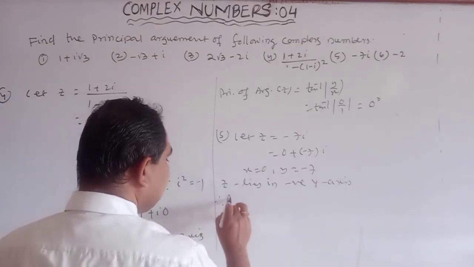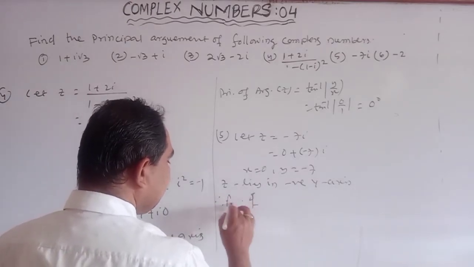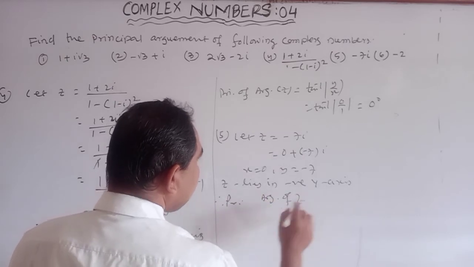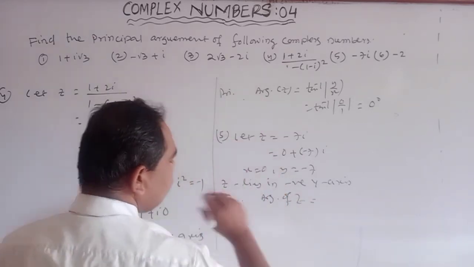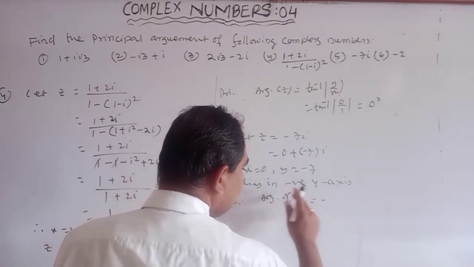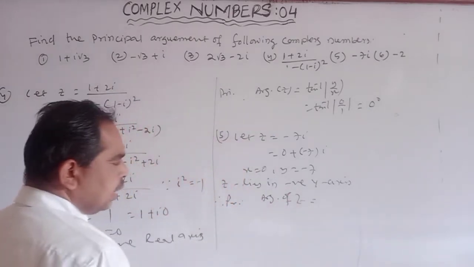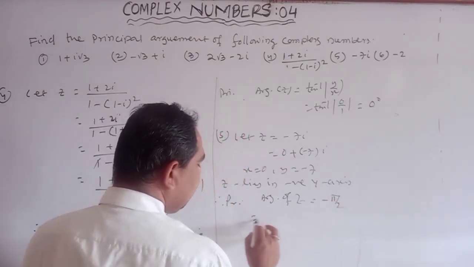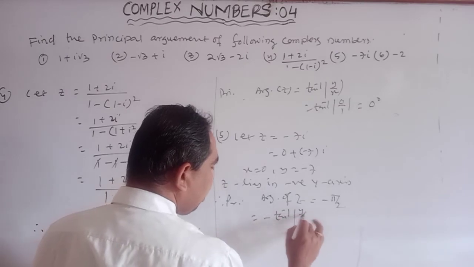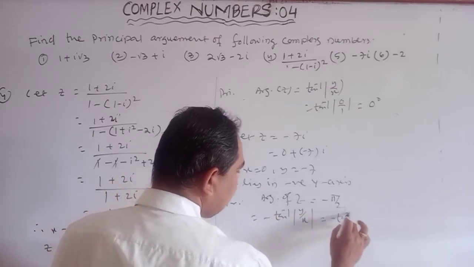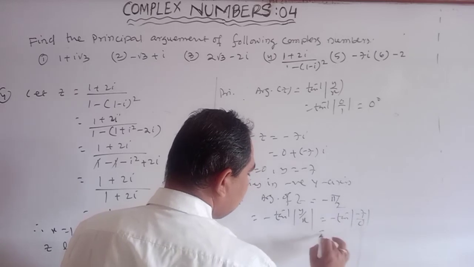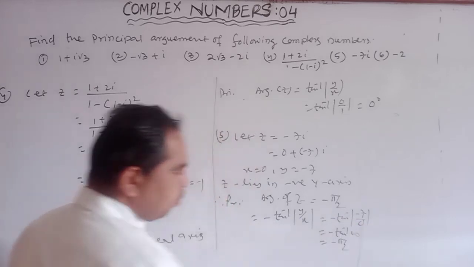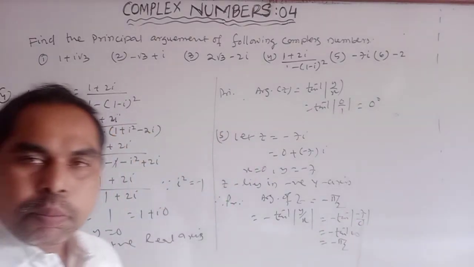Therefore principal argument of z is equal to minus tan inverse mod of y by x, minus tan inverse of minus 7 by 0, so minus tan inverse infinity, so minus pi by 2.